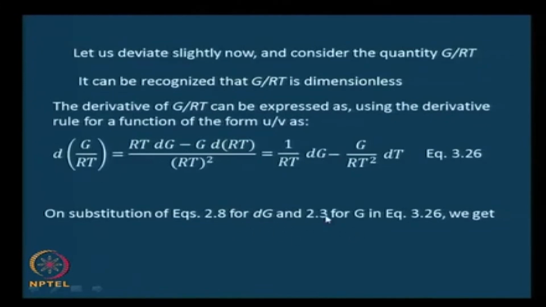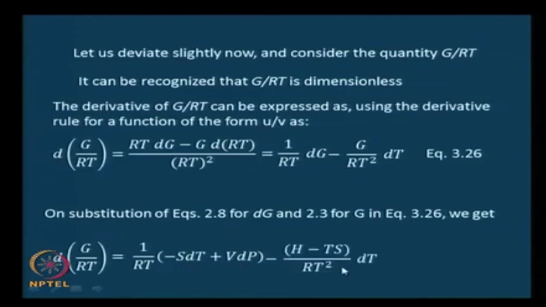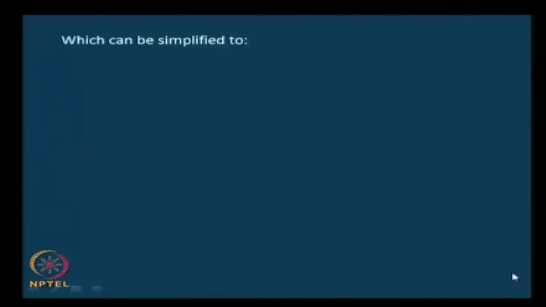If you use these two equations in 3.26, d(G by RT) equals 1 by RT times dG, which for a closed system is minus SdT plus VdP, minus G, which by definition is H minus TS, that is equation 2.3, by RT squared dT. This can of course be simplified to V by RT dP minus H by RT squared dT.